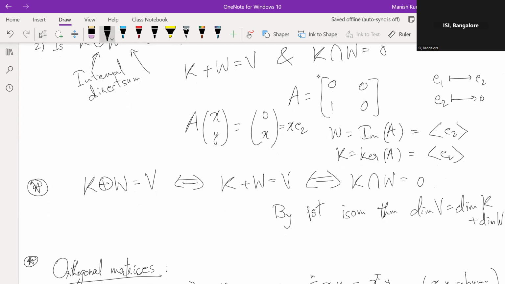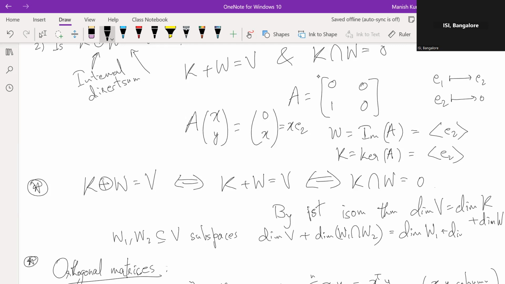Now all the equivalences follow from this statement, which we proved a long time ago, from the rank nullity theorem or the extending the basis kind of argument.